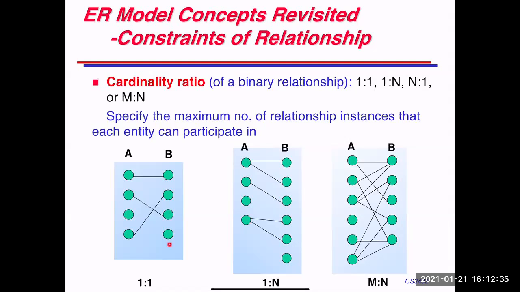Down here, you can see two entity types, A and B. You can imagine these green dots to be the elements in your entity set for A, and these green dots here are the ones for B. The lines between these dots are basically the relationships. For many-to-many, we have some arbitrary lines here, so there's no restriction on the degree of any of these green dots. If you just think of this as a graph, then if you have a one-to-one relationship, each vertex in your graph can only have a degree of at most one.